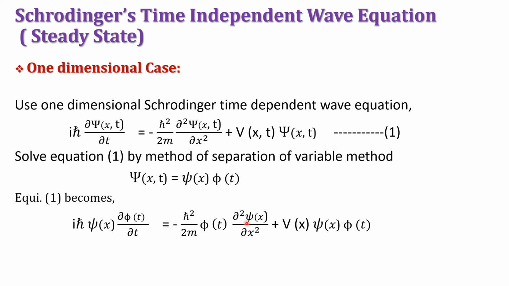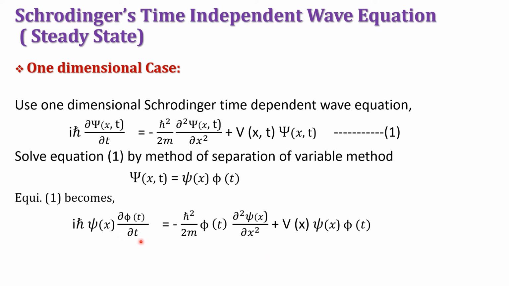Only the differentiable term is del square psi of x by del x square plus V of x. Since the potential we take in that equation is independent of time, it only depends on x, hence V of x, all into lowercase psi of x into phi of t.